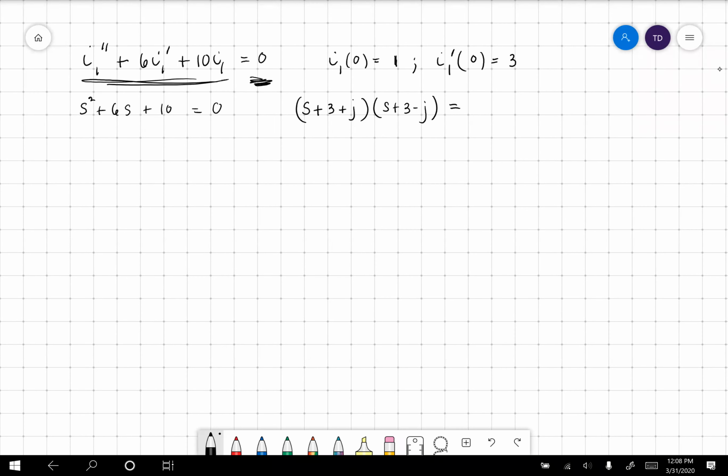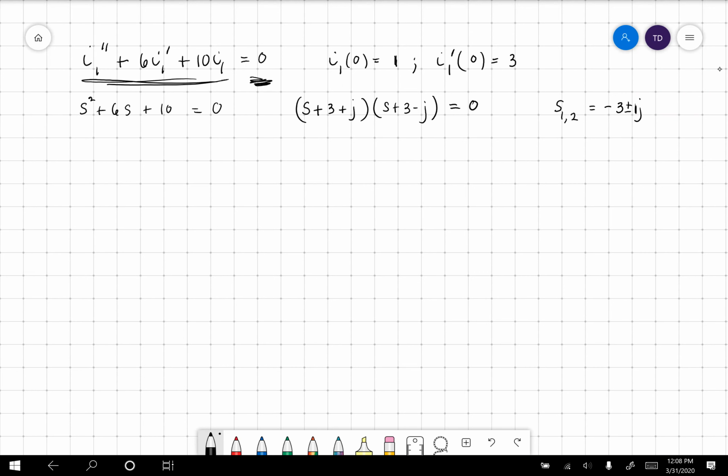I think I've factored that correctly. So we know that s1 and 2 are conjugates, and they are equal to minus 3 plus or minus j. Plus or minus, as a reminder, 1j, where 1 is the imaginary part.